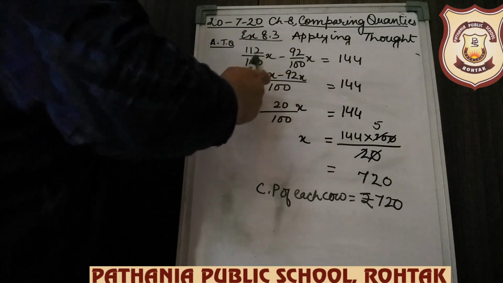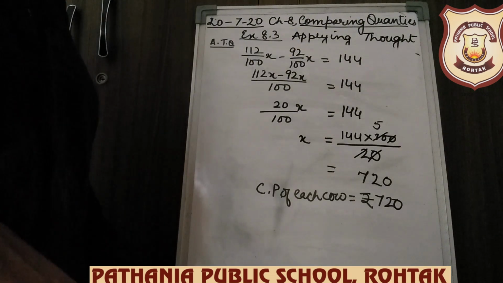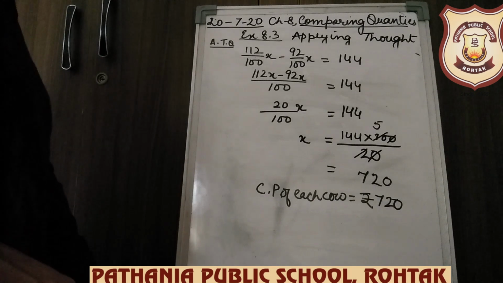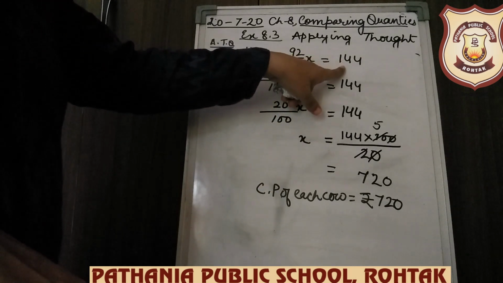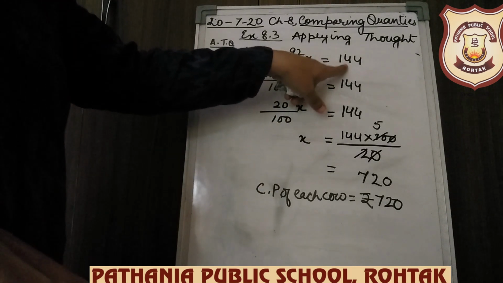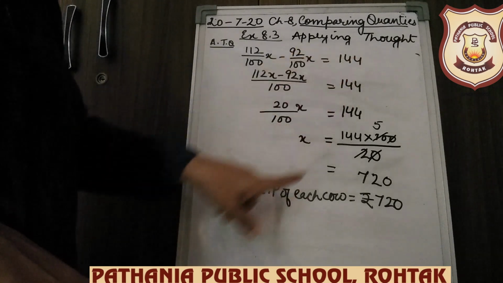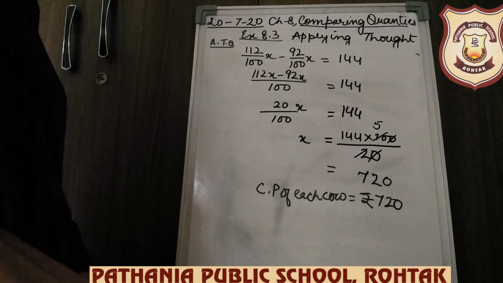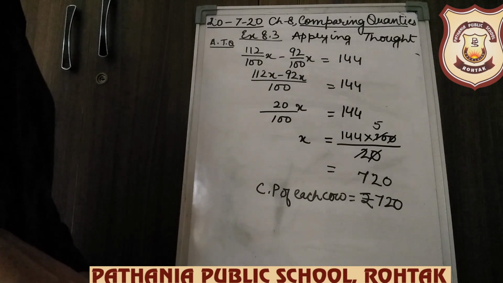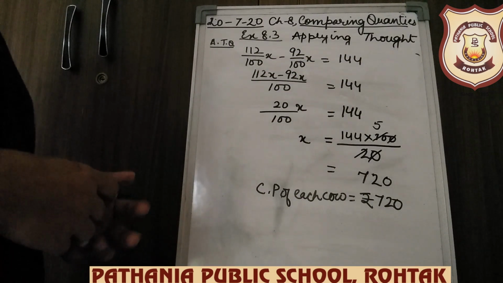That's why we have taken SPs here. Selling price of both the cows we have taken, then we have subtracted, and it is given that the difference of those two is 144. So now the CP of each cow is rupees 720. I hope this question is clear to everyone.